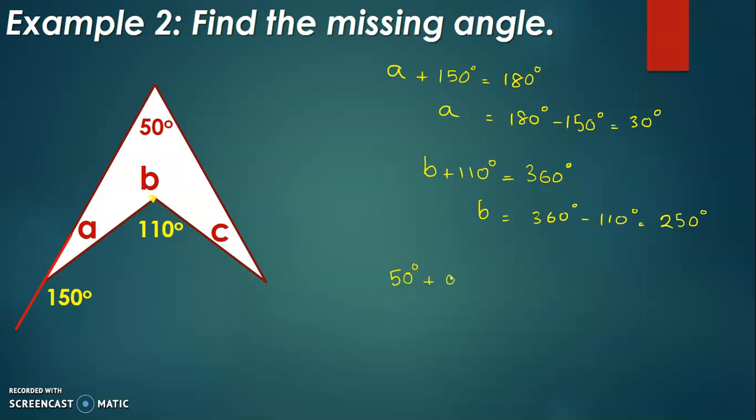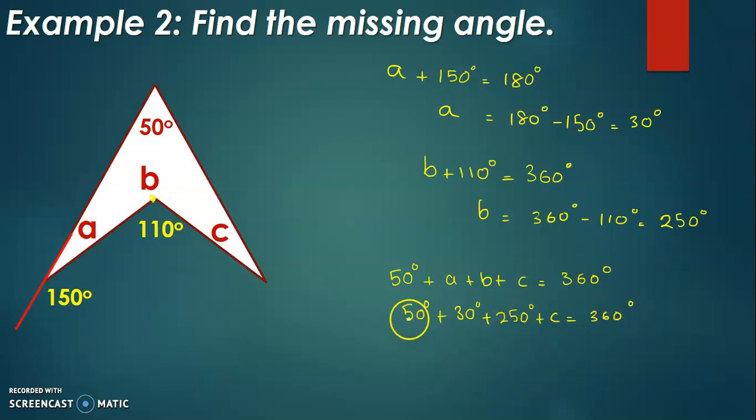So 50 degrees plus A plus B plus C. Remember, quadrilateral would equal 360, and I know what my A is. I'm going to replace this A with my answer over here, 30 degrees, and then I'm going to replace my B with 250 degrees, and then I don't know what my C is at the moment.